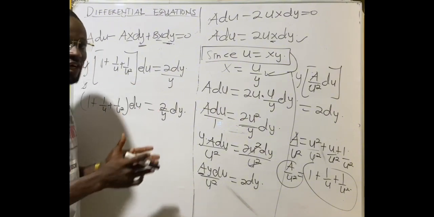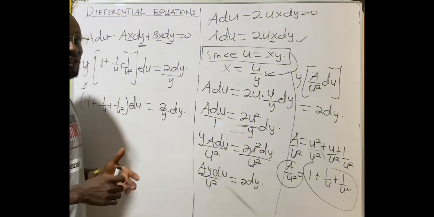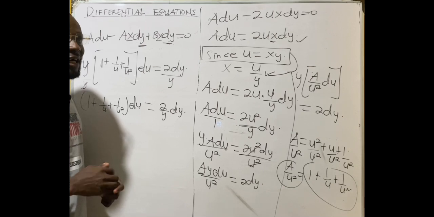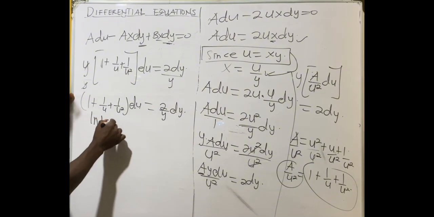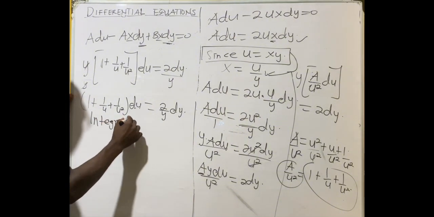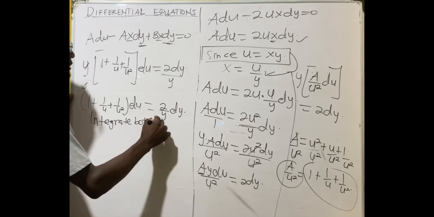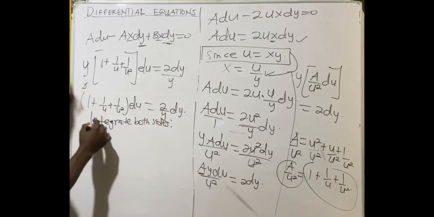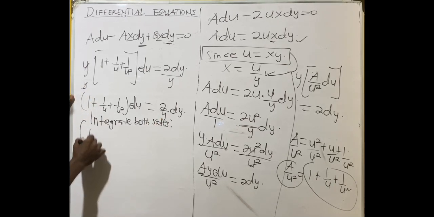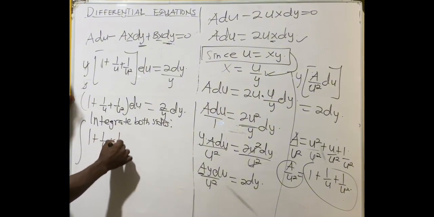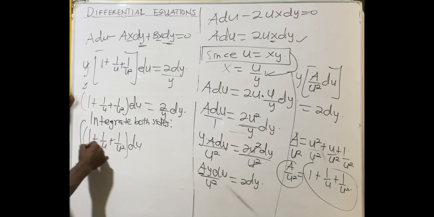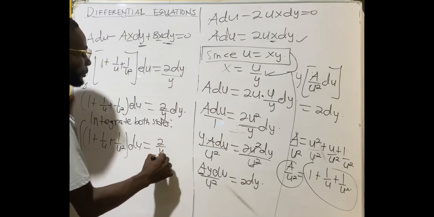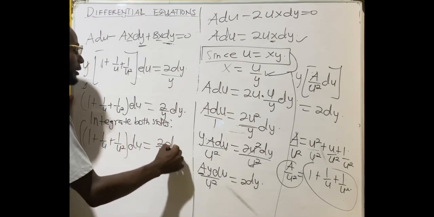So all that we were doing, we're trying to get a simple differential equation that we can integrate, right? So now that we have this, we can integrate both sides. So we integrate 1 plus 1 on u plus 1 on u squared du to be equal to 2 over y dy.